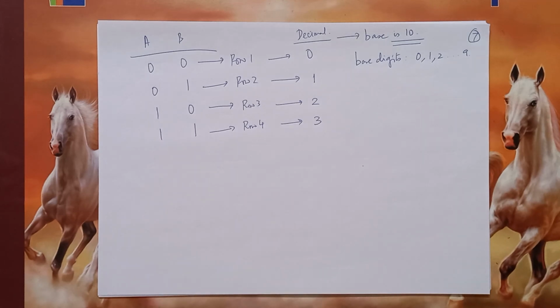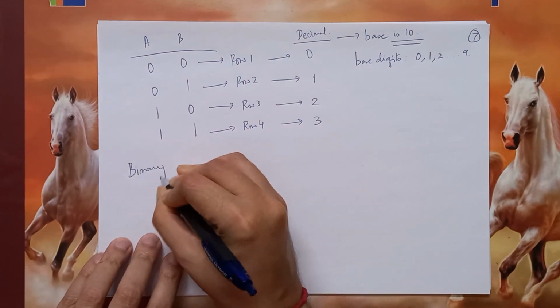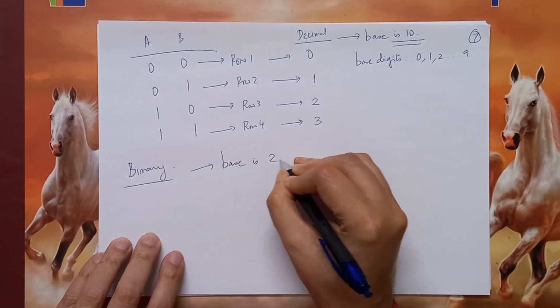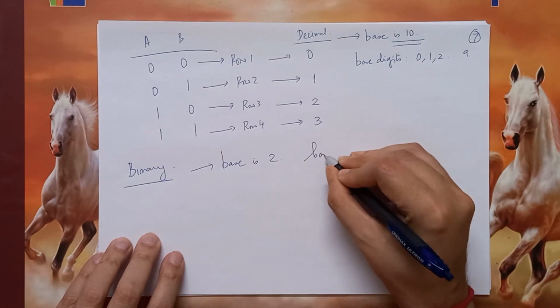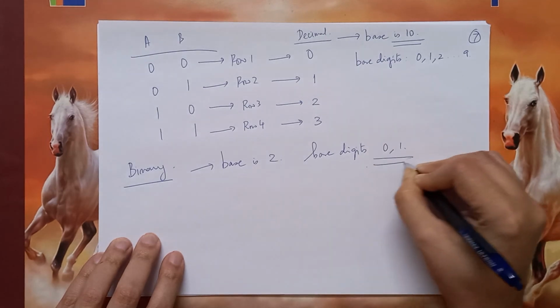In one of the earlier lectures, I mentioned that the binary number system is something that we are going to be relying on, because that is how we represent sets of voltages by means of zeros and ones, that is high voltages or low voltages. So in the binary system, the base is 2, and the base digits are 0 and 1.